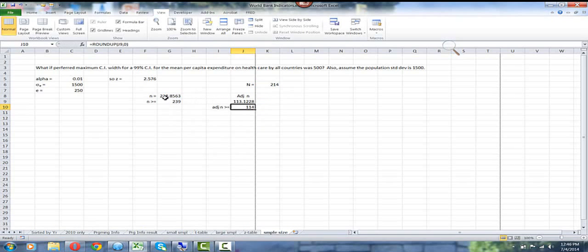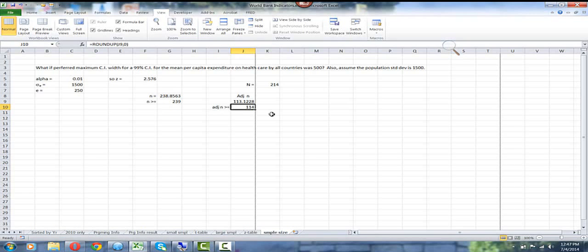So now that's going to reduce it from 238, or around 239, to 114. Remember, always round up, so that you meet your requirement. So we have an n, taking into consideration the population size of 214, of 114.